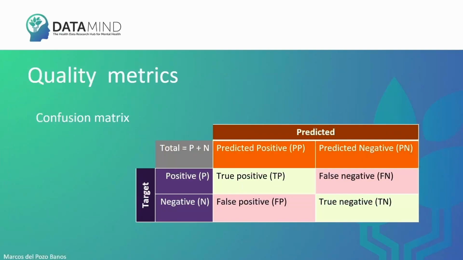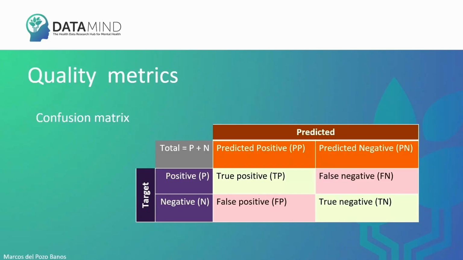We can see how this is just a tabulation of these two variables. Ideally, all the positive samples are predicted as being positive, and all the negative samples are predicted as being negative.